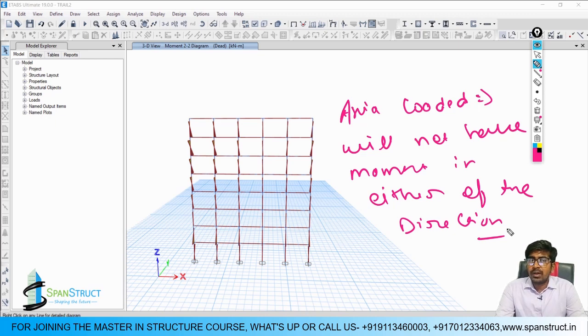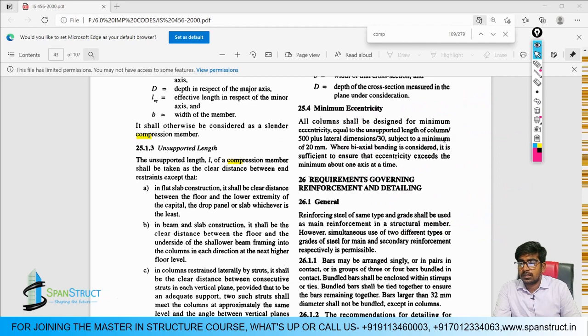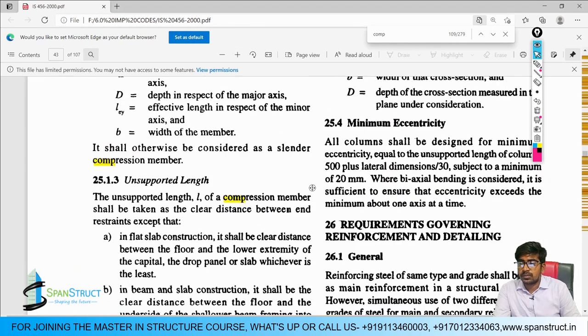So what we can do, if you look at our IS456 code, you will find that there is a provision for designing a column, and you can see the provision here.